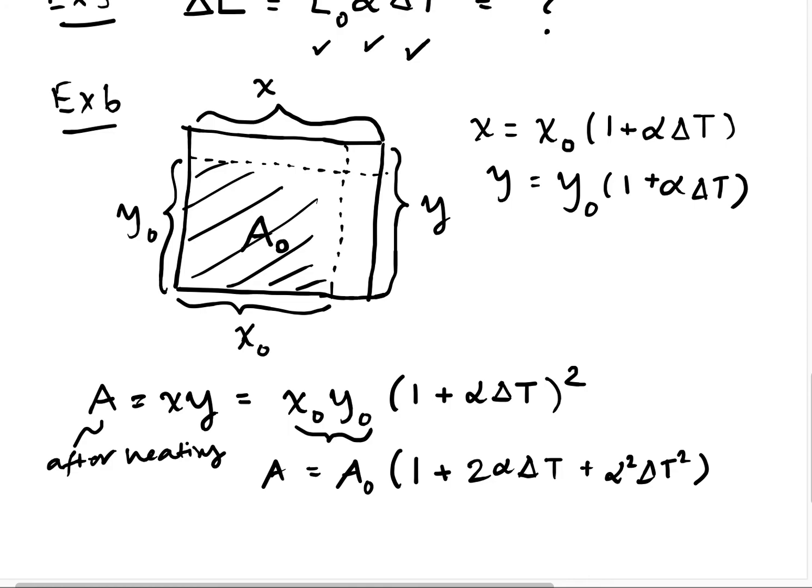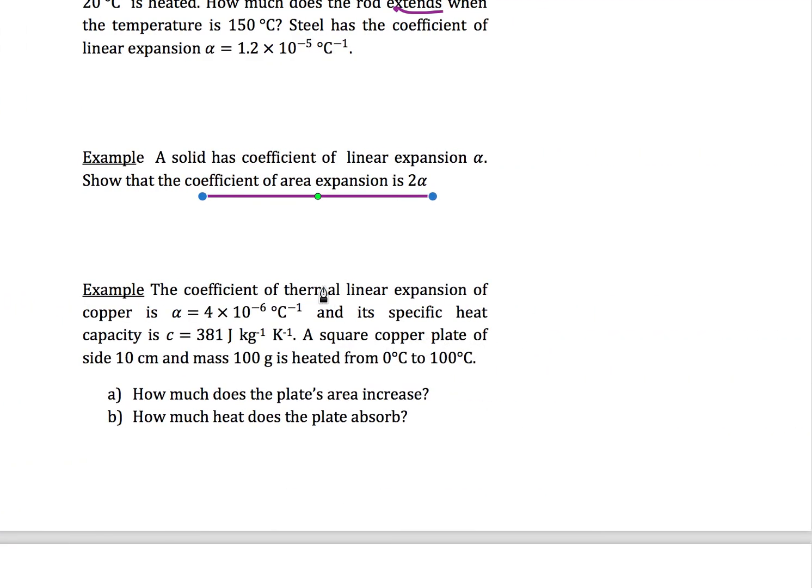But normally, let's see the order of magnitude of the alpha. The alpha of something like steel is of the order of 10 to the minus 5. But your temperature change is about 10 to the 2, so 100.